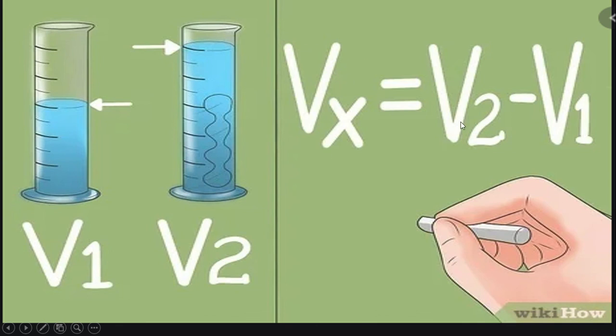That is equal to V2 minus V1. That means when the object is immersed in water, the water level rises and that volume becomes V2, and from it we subtract the previous volume, that is before immersing the object in the water, V1. So Vx, the volume of the irregular shaped object, equals V2 minus V1. Is it clear?